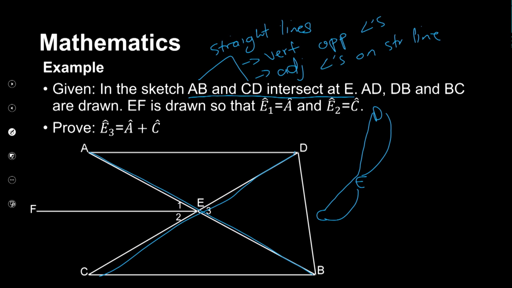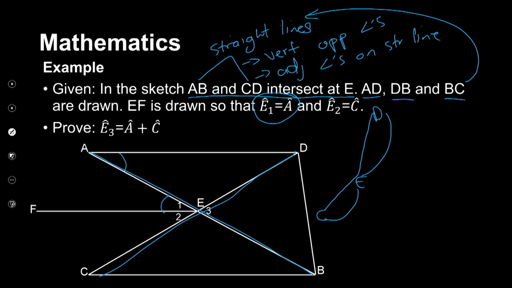Also, when I say to you AB, DB, and BC are drawn, I'm also still going back to that statement of mine to tell you that these are straight lines. EF is drawn, also a straight line, such that E1 is equals to A. So what do I know? E1 is this angle here.